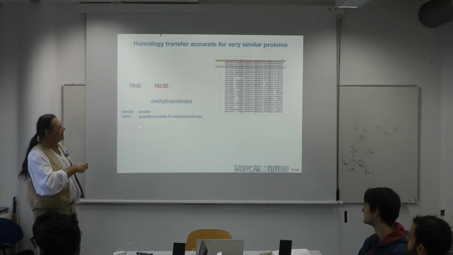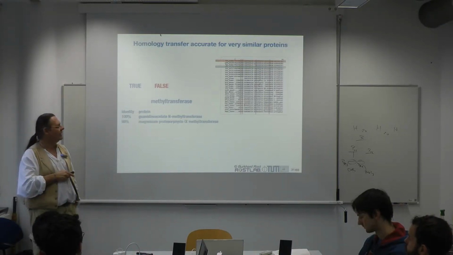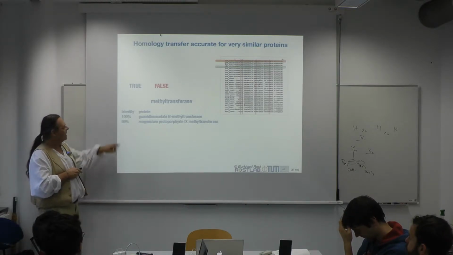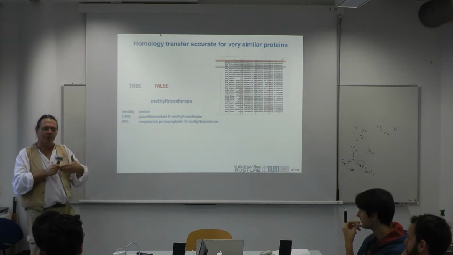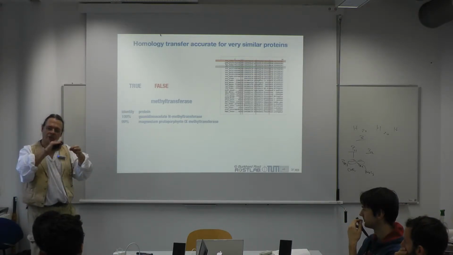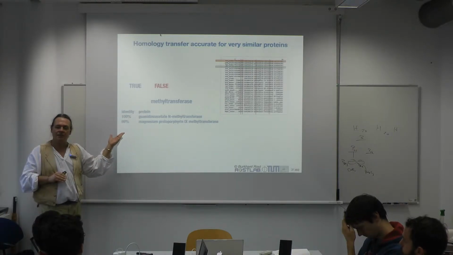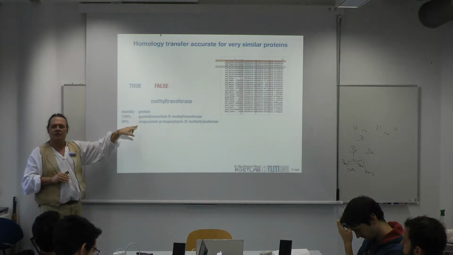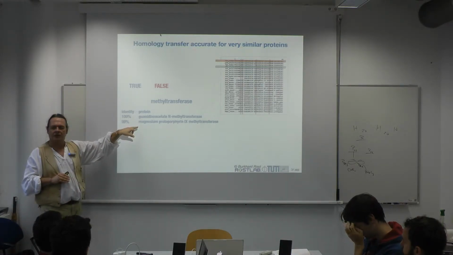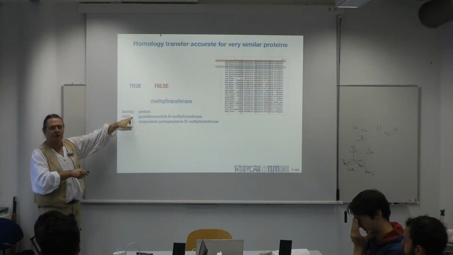This is the annotation of the protein that I happen to have used for this example, but assume we don't know that. Okay, assume that's exactly what we want to infer. So the first hit I find in the alignment here, the first protein in an alignment of similarity, and I sort by the first one being the most similar one, highest number of identical residues, that has an annotation. The first one that has an annotation is a methyltransferase. So I would infer this is a methyltransferase.